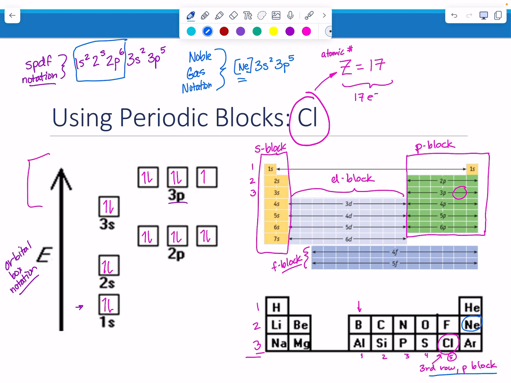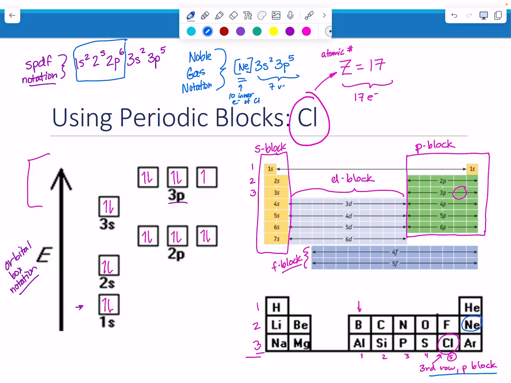It's a shorthand for that, so we're only writing those over and above that core. Neon has 10 electrons, so this is our 10 inner electrons of chlorine, and then these are the 7 extra electrons that chlorine has that neon doesn't.